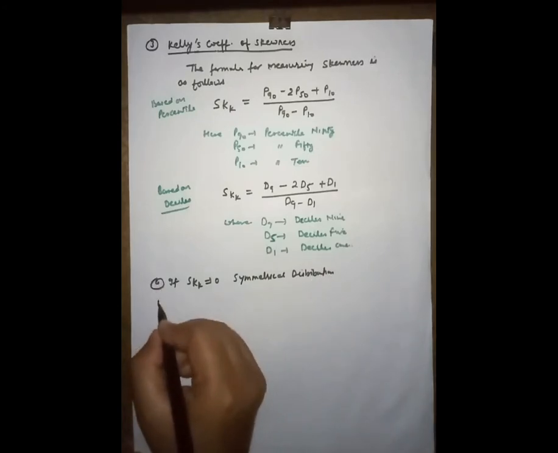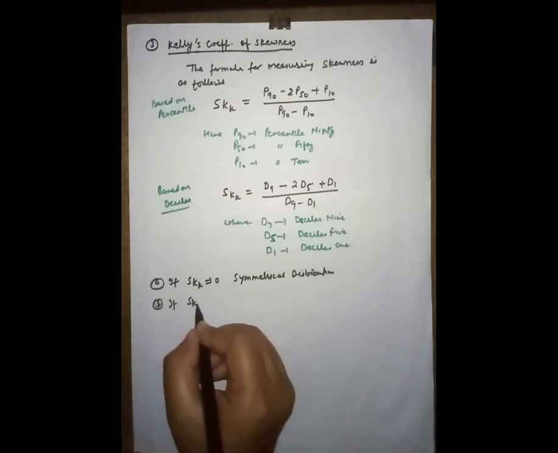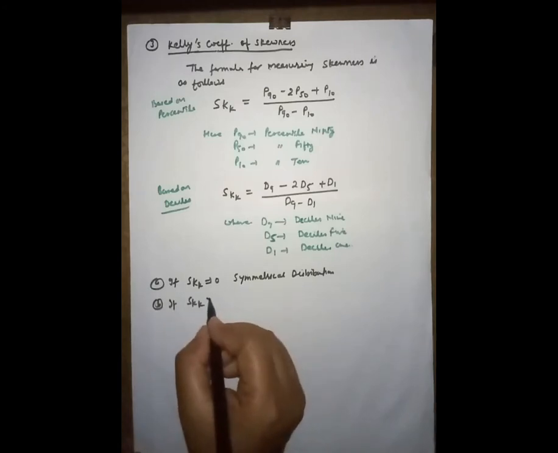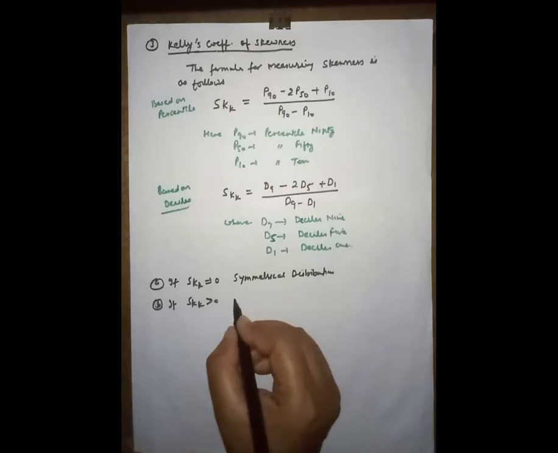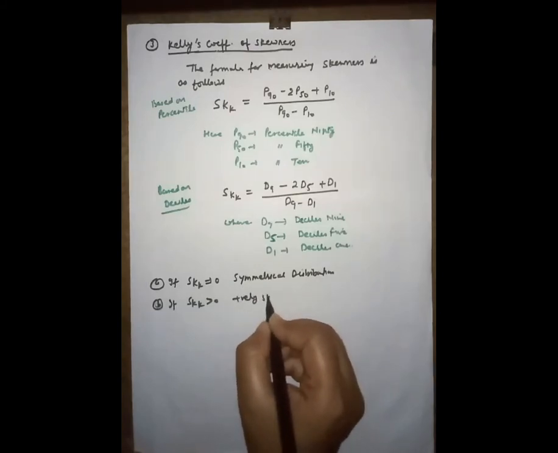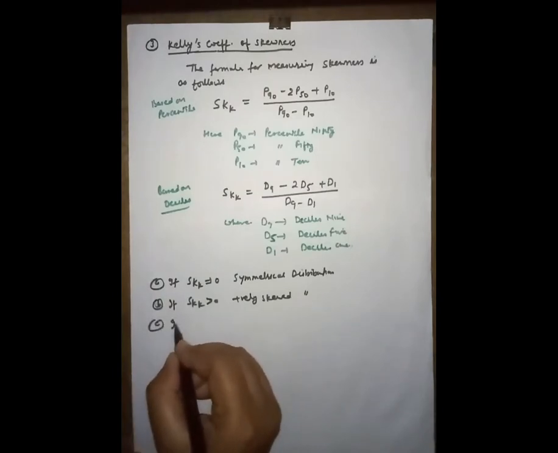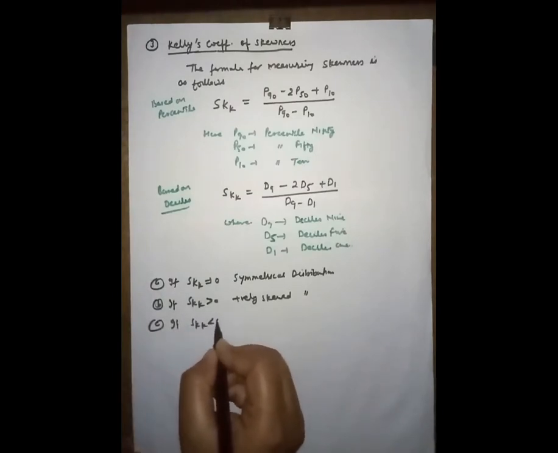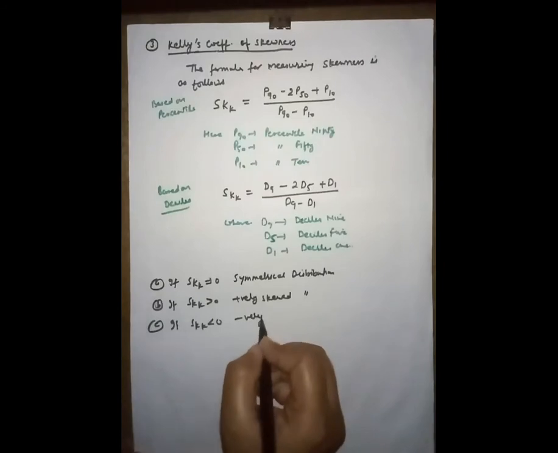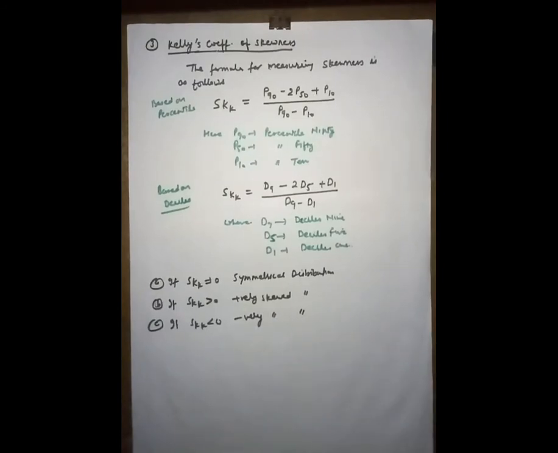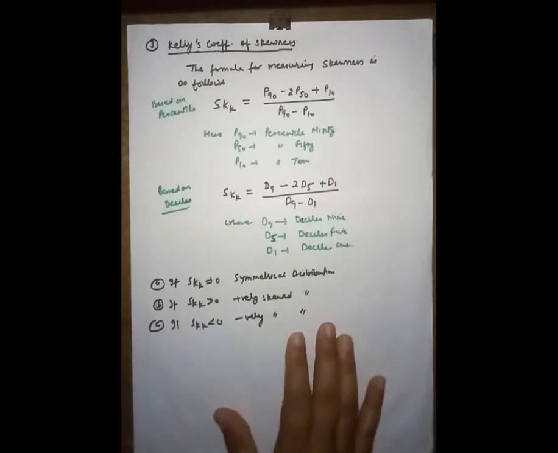If SkK is greater than 0, it is a positively skewed distribution, and if SkK is less than 0, it is a negatively skewed distribution. So friends, these are the measures of skewness, how to find the skewness, right?